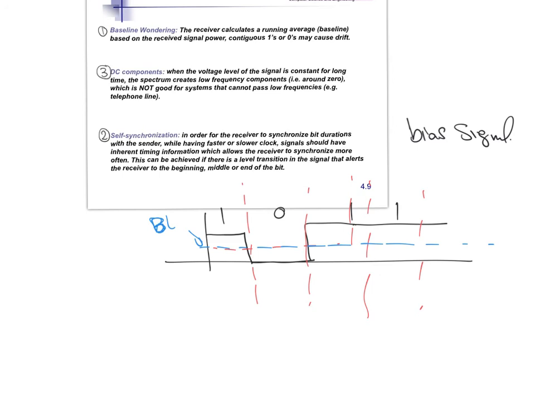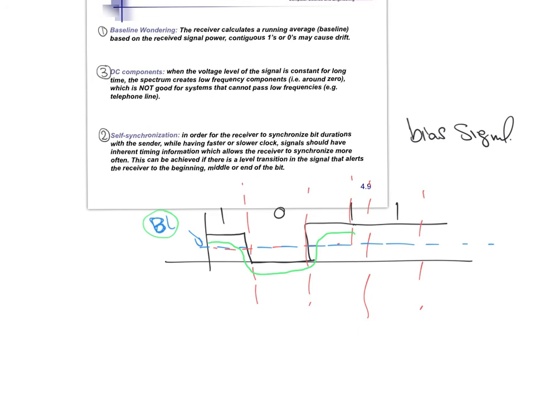So instead of receiving a signal that looks like this black signal, I receive a signal that looks like this. Okay? So in that case, the noise has given me a push lower, which will make this fixed baseline a little bit inaccurate.